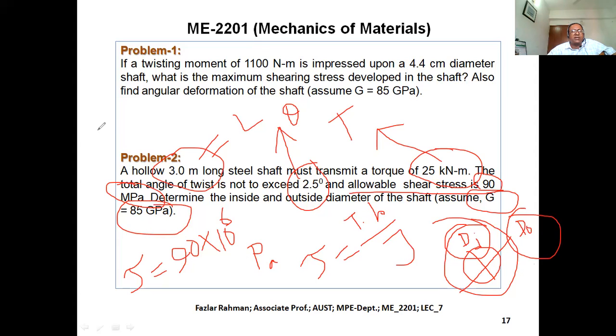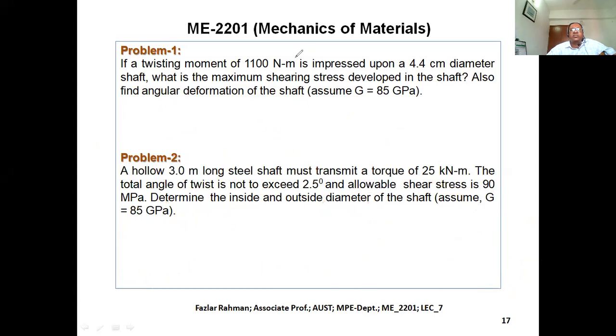And the other formula, theta equal to TL by GJ. By solving these two equations, we can figure out the values of D naught and Di. Okay, so let's see how we can solve it.